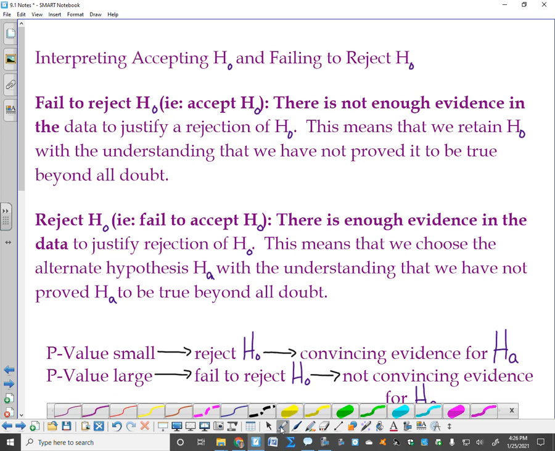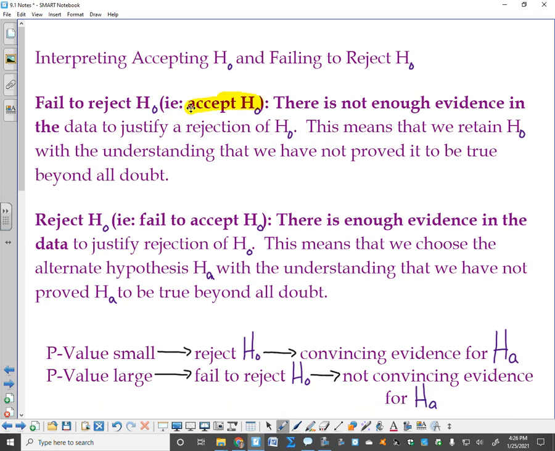Well, are we? Accepting that she's innocent really just means that enough information was not presented to convict her. So really, we're just failing to reject it. I don't have enough information to reject H sub O, to reject that she's innocent.